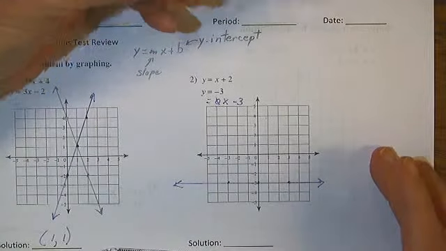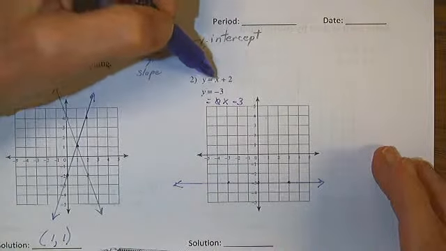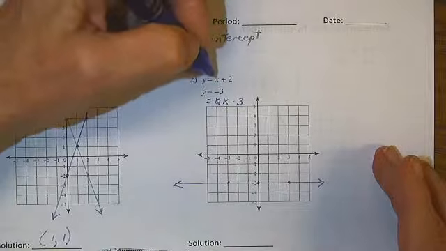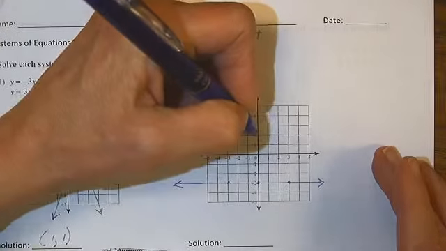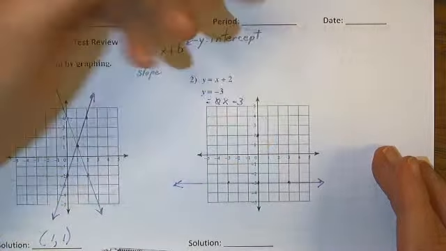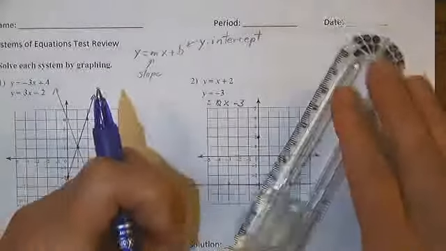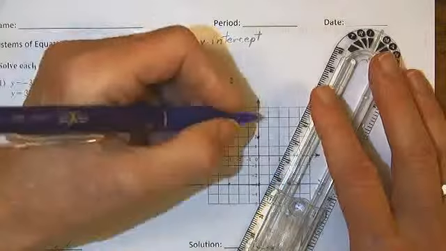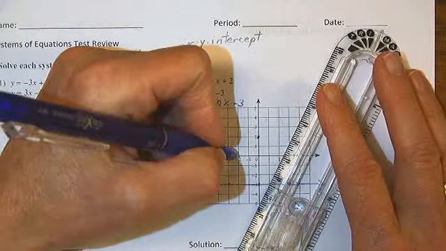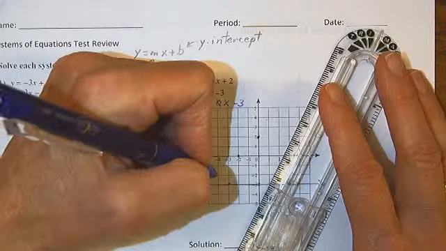Just to make sure we understand that. Here, y equals x plus 2. Here, my slope is 1. My y-intercept is plus 2. So, if my slope is 1, I can go down 2 and over 2, down 2 and over 2.